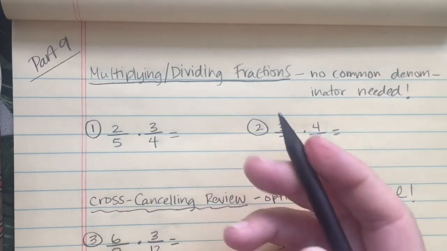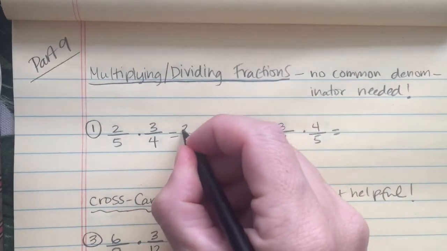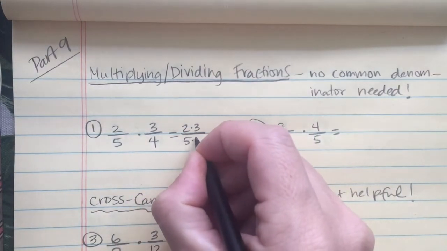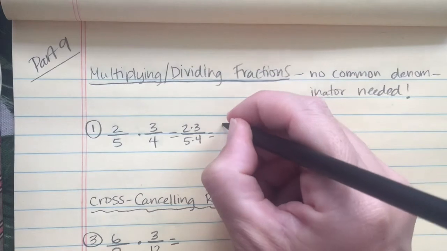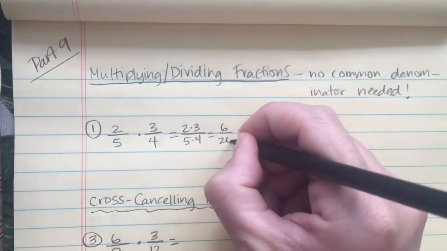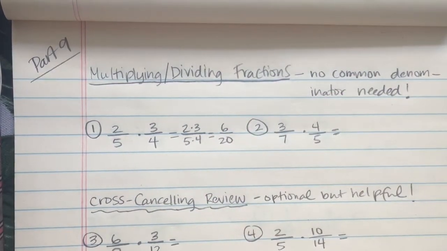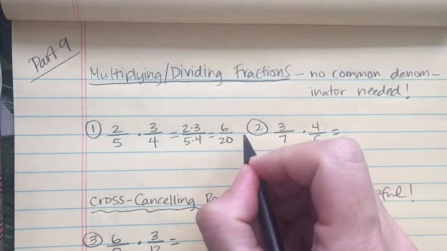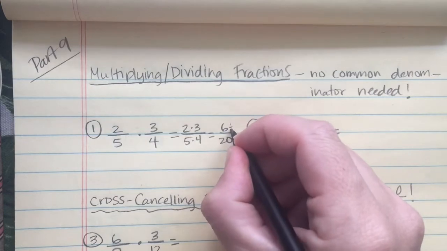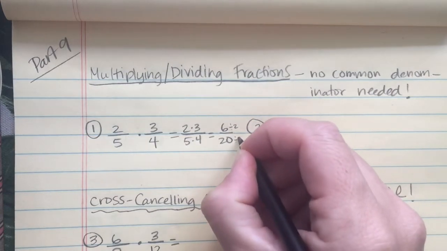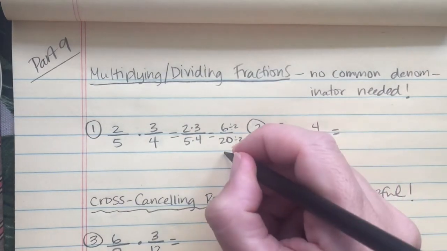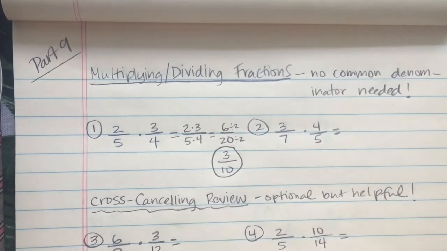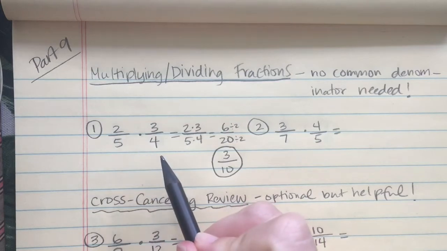All you really have to do is top times top and bottom times bottom to get you 6/20. It's really as easy as that. And then always simplify if possible. So 6/20, both of those are divisible by 2. So your final answer would be 3/10. All right, so top times top and bottom times bottom.